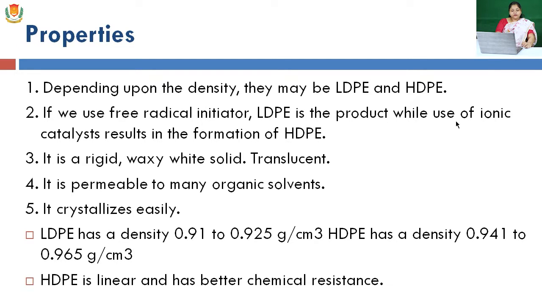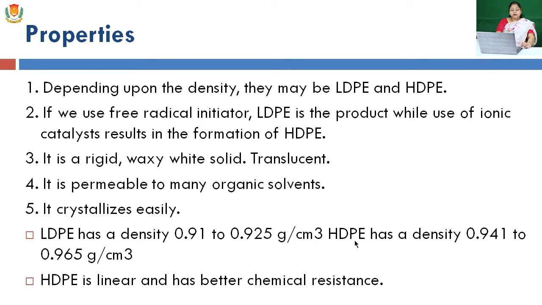The properties of polyethylene depend upon the density. It may be low density polyethylene and high density polyethylene. If we use a free radical initiator, low density polymers are produced, while ionic catalyst gives high density polyethylene. Polyethylenes are rigid, waxy, white solids or translucent.